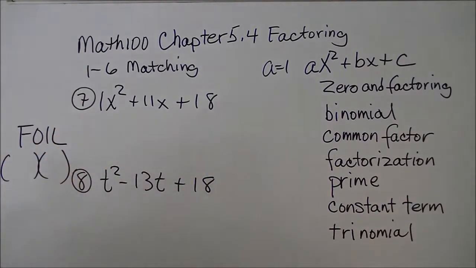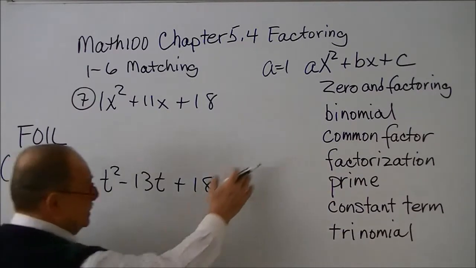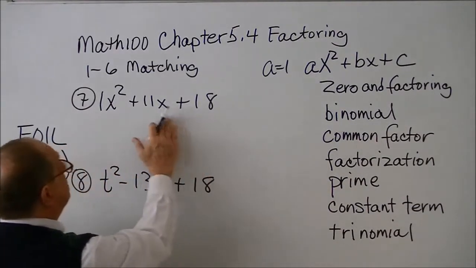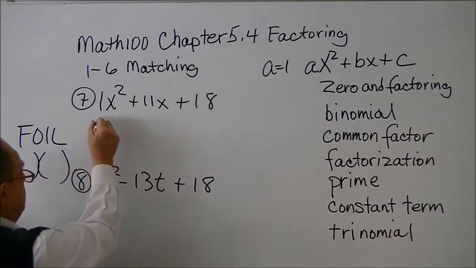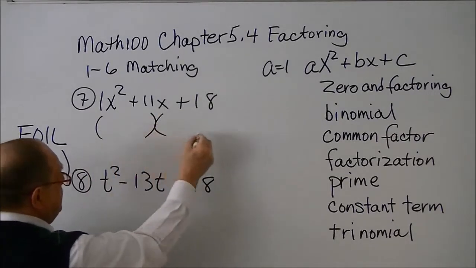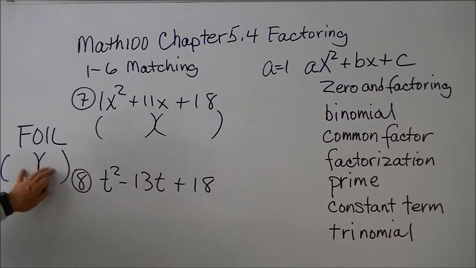So as we go to develop a strategy to factor this trinomial, the first thing we do is see if there's any common factor in each of these, and there isn't any. Then our second thing to do would be to put two sets of parentheses going back to our FOIL here.